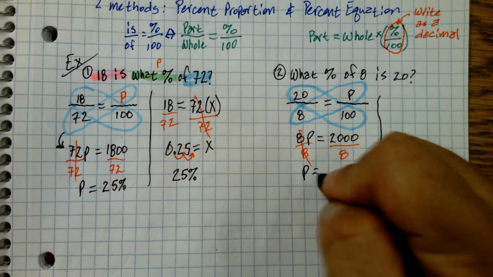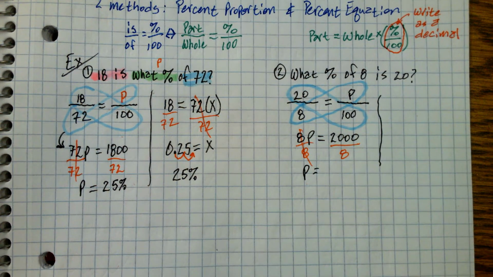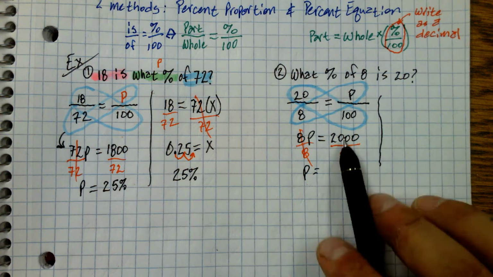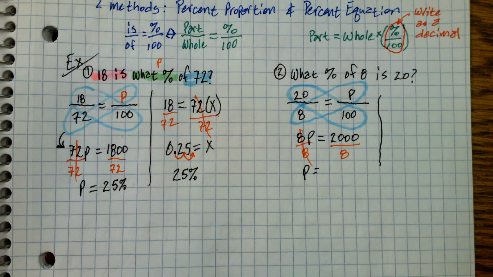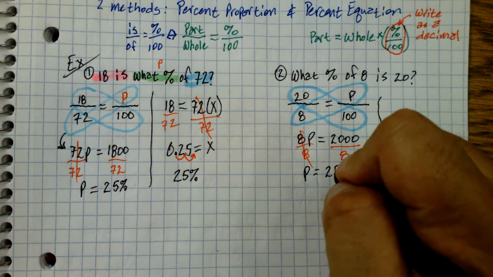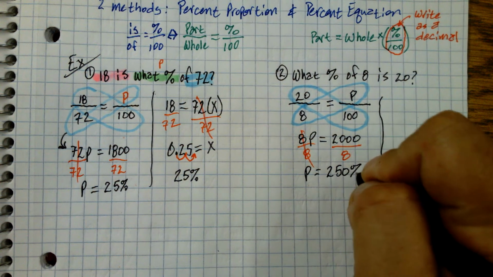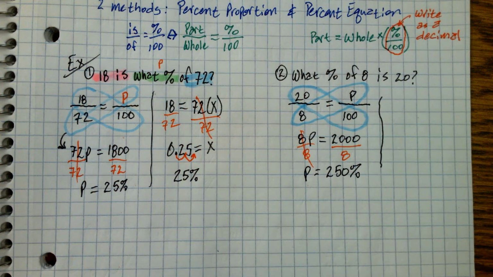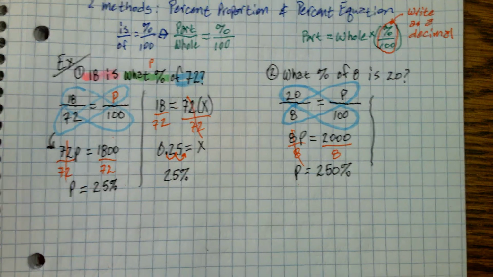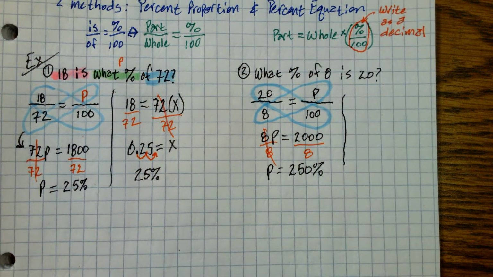So P equals what? What's 2,000 divided by 8? And here we don't have to convert anything. It's just 250%. Okay, let's set up the percent equation.